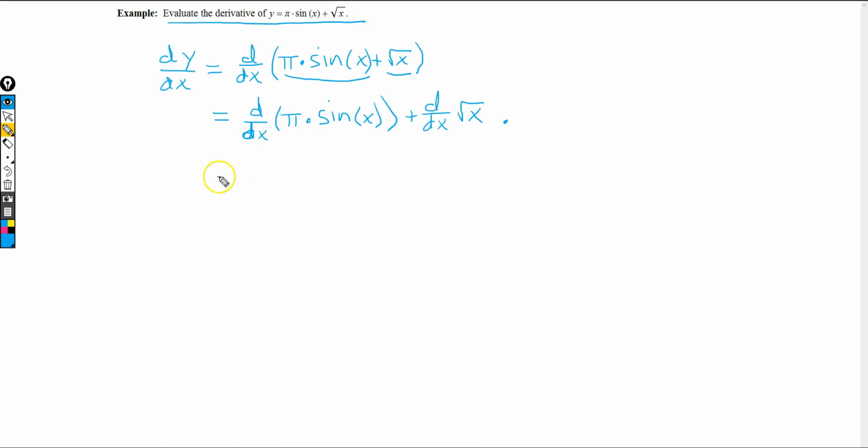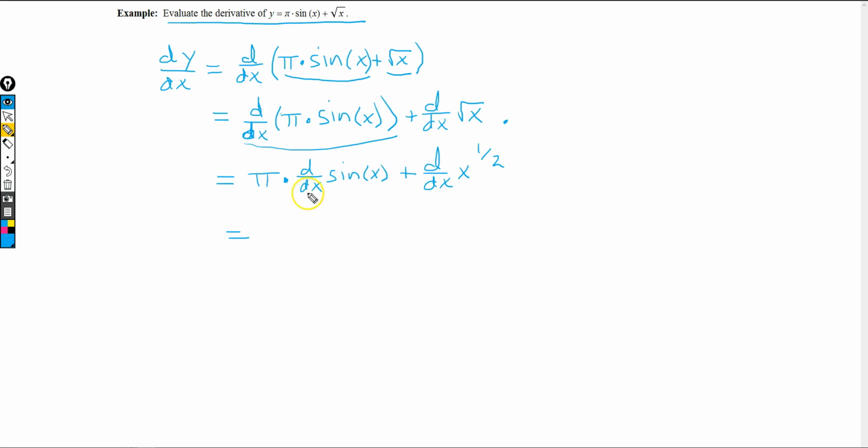Now when we look at the derivative of this piece right here, the pi is just a constant, so it can be moved outside. So we end up with pi times, and then we have the derivative of sine. And remember the square root, that can be written as x to the 1/2. And now we can differentiate everything.